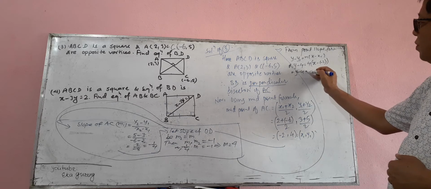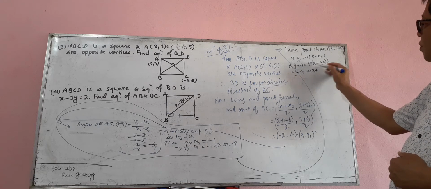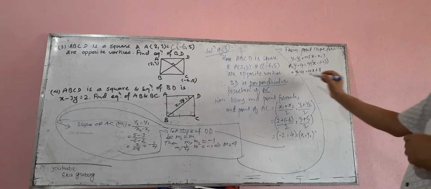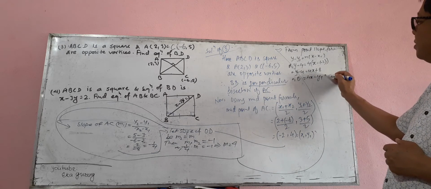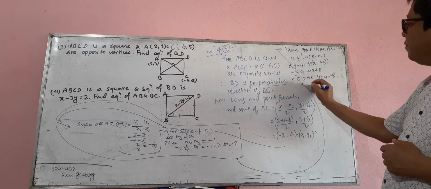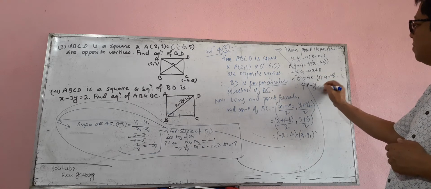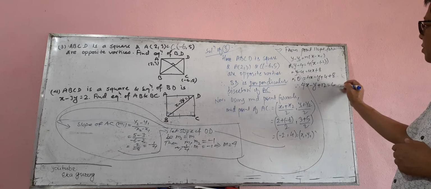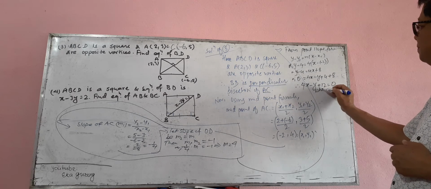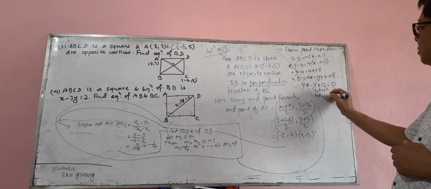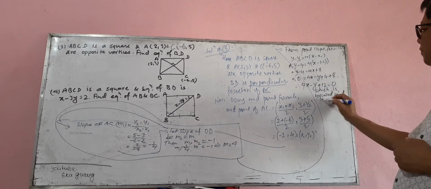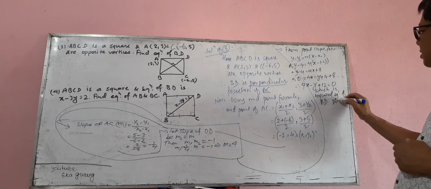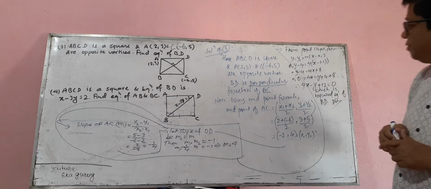So y minus 4 is equal to 4x plus 8. Okay, so 0 equals 4x minus y plus 4 plus 8. Therefore we have 4x minus y plus 12 equals 0, which is the required equation of BD.